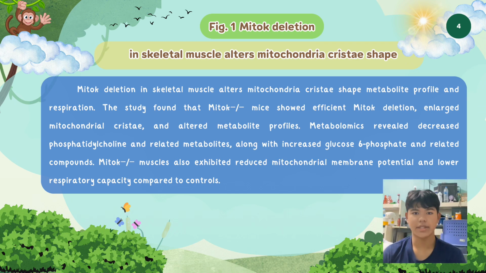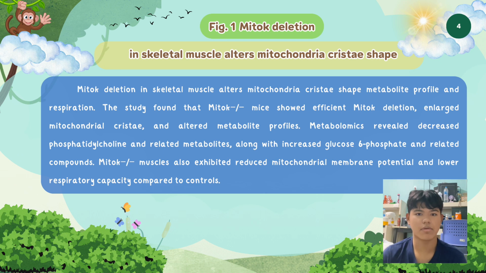Figure 1. Mitochondrial deletion in skeletal muscle alters mitochondrial cristae shape, metabolite profile, and respiration. The study found that muscle showed efficient mitochondrial deletion, enlarged mitochondrial cristae, and an altered metabolite profile.